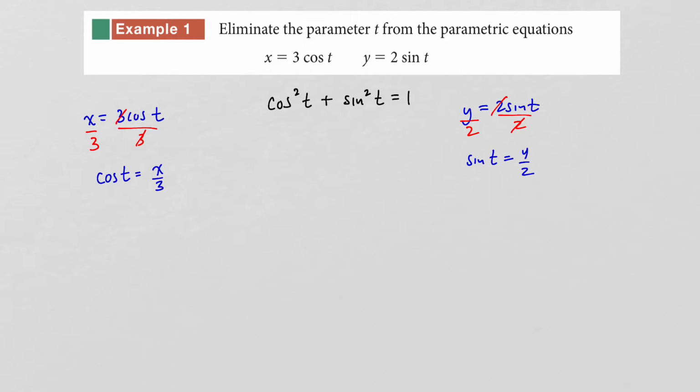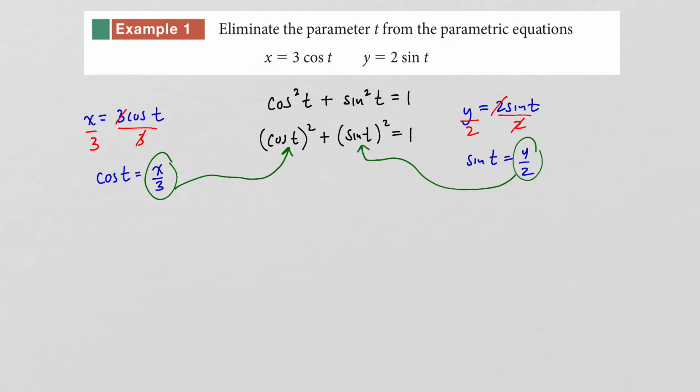Now keep in mind that cosine squared of t is actually cosine of t quantity squared, and sine squared of t is sine of t quantity squared. But since we know that cosine of t is x over 3, we can put that in here. And since sine of t is y over 2, we could put that in here. And in doing so, we get (x over 3) quantity squared plus (y over 2) quantity squared is equal to 1.